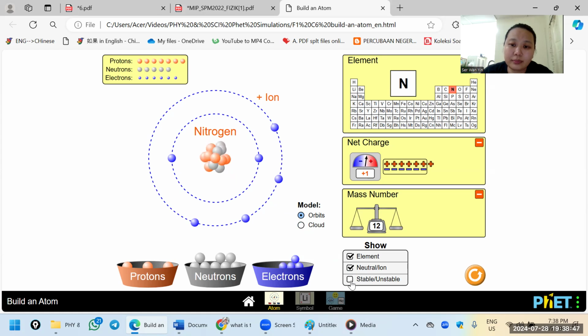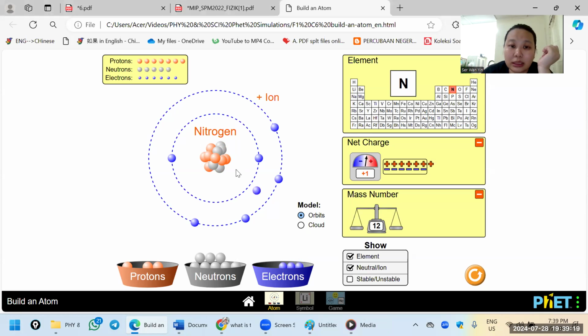So actually one of the neutrons splits into one proton and emits one electron. That's why carbon becomes nitrogen.